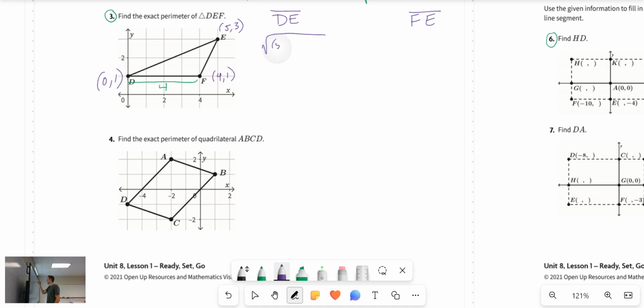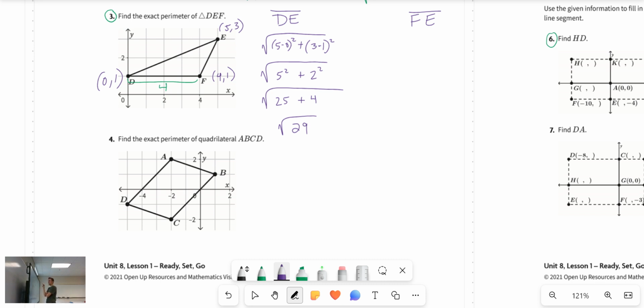Let's do E minus D. So this is going to be 5 minus 0 squared plus 3 minus 1 squared. Then we do the square root again. 5 minus 0 is just 5, so it's going to be 5 squared. Plus 3 minus 1 is 2, so 2 squared. Now we solve each of those squares, right? 25 plus 4, so this is the square root of 29, and we're going to leave it like that.